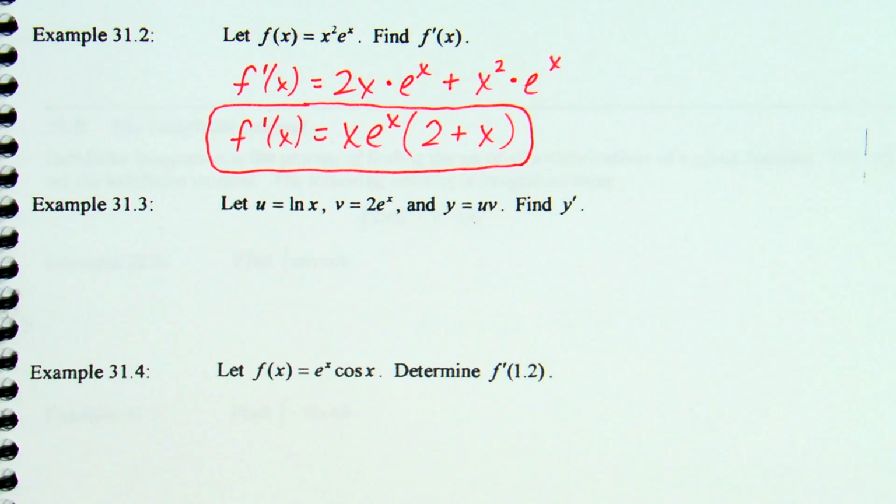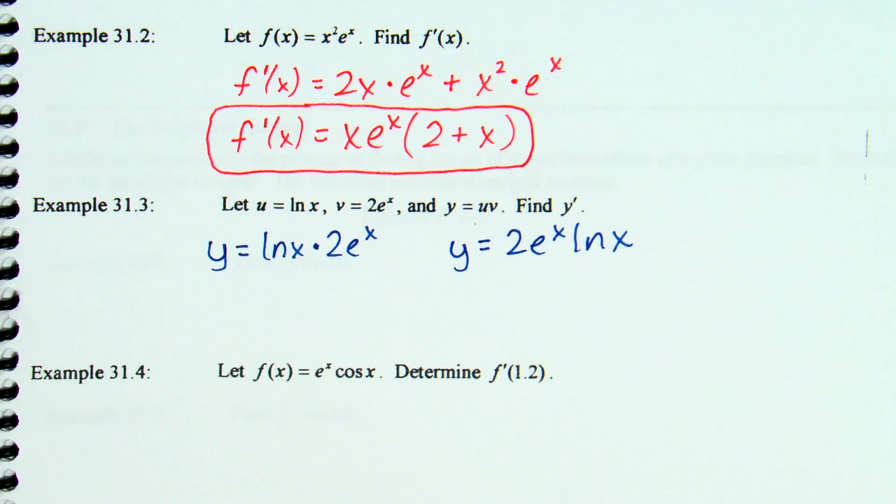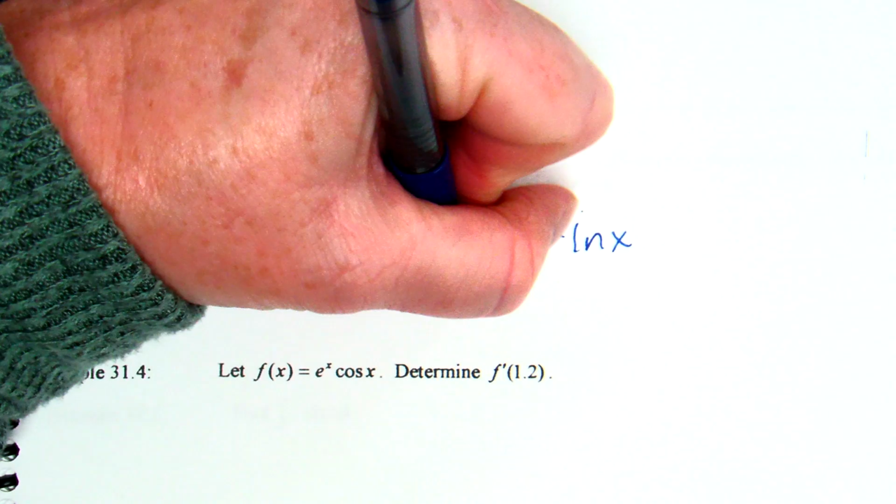And actually, because the other way that I wrote it is I actually wrote 2e to the x ln x. And that way, I didn't have to necessarily have the multiplication dot in between. But again, it's all the same. I don't like the dot. Okay, y prime.